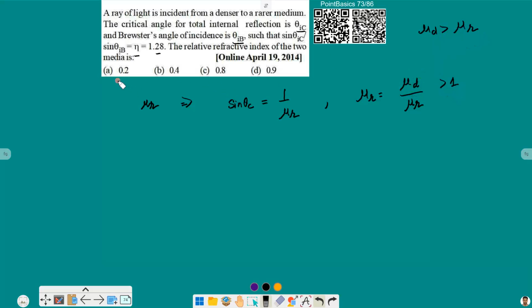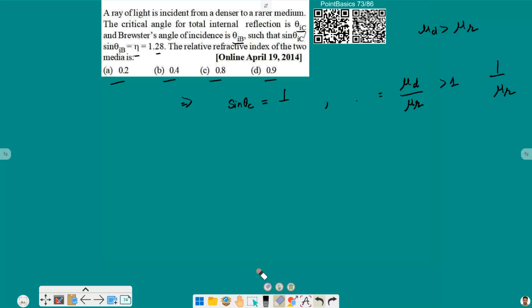And if we can see that all of the answers are less than 1, it means actually what we have to calculate is 1 by mu. Okay, let us make a correction: here we are using mu r twice, so let us mark that we have to calculate 1 by mu.